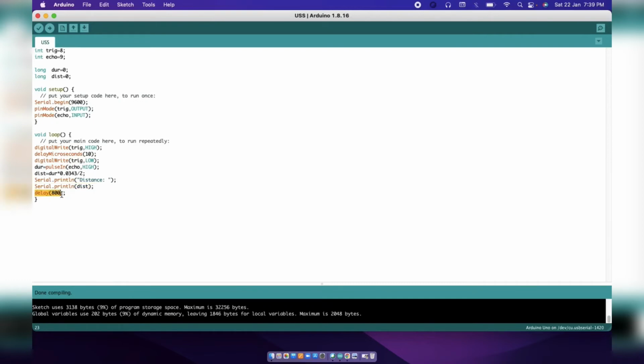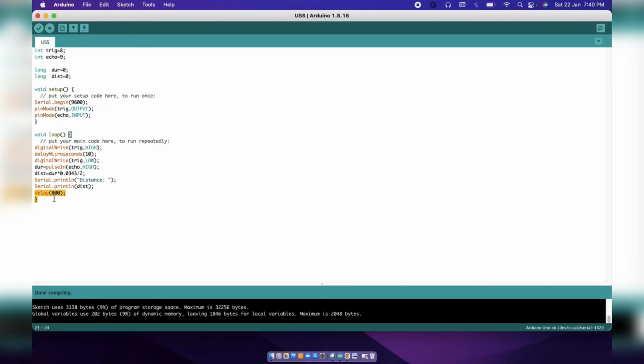There should be a delay of 800 milliseconds after each value that I get. Whenever I move the object, there will be a change in the centimeters of that object with respect to the ultrasonic sensor in front of it.